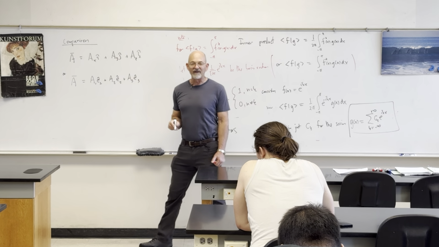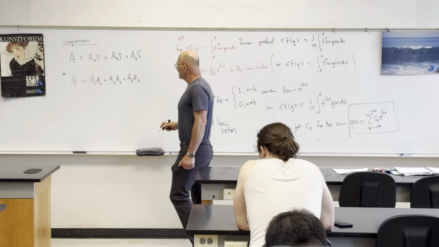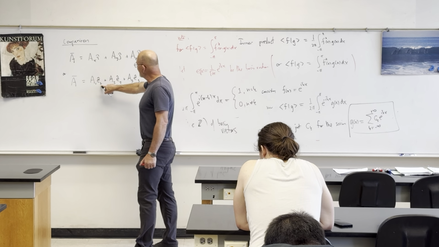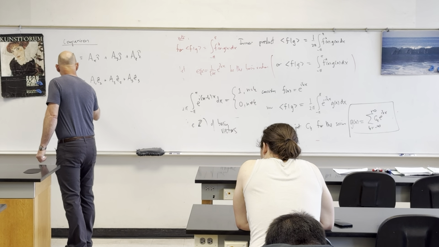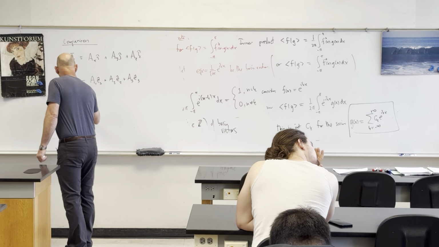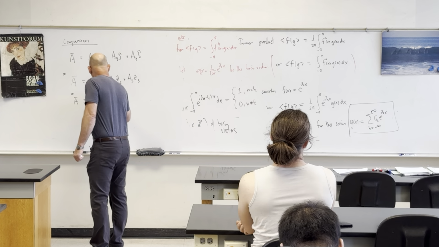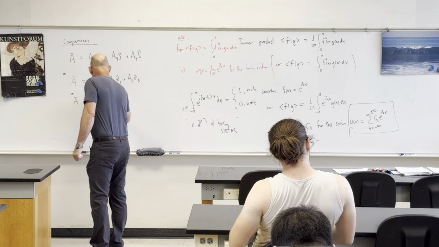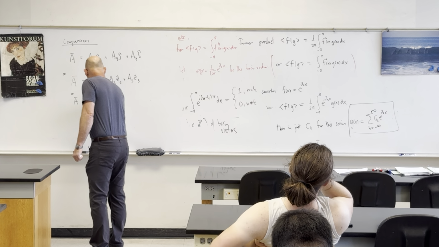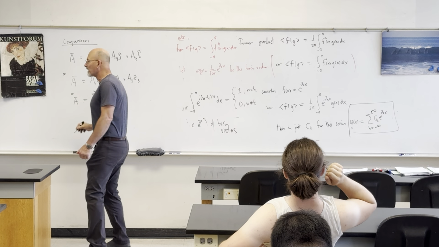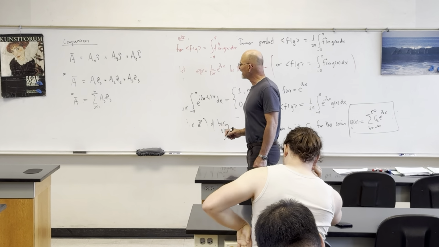Those are my three unit vectors i, j, and k, just renamed. Then A equals the sum over j of A sub j e sub j hat. And now I went from 1 to n instead of 1 to 3, but of course 1 to 3 is just as good.